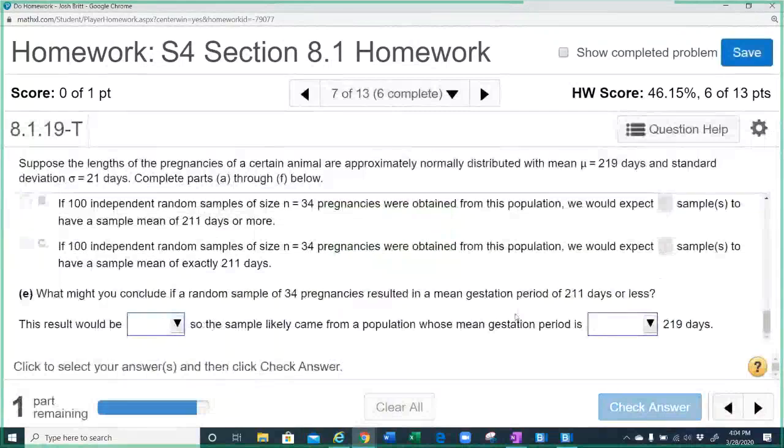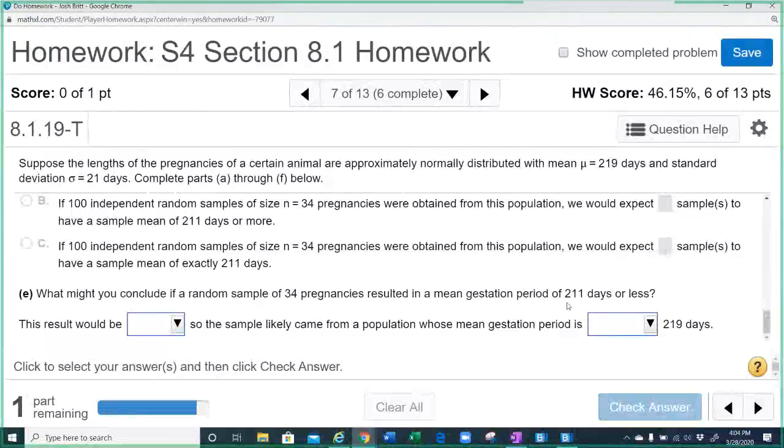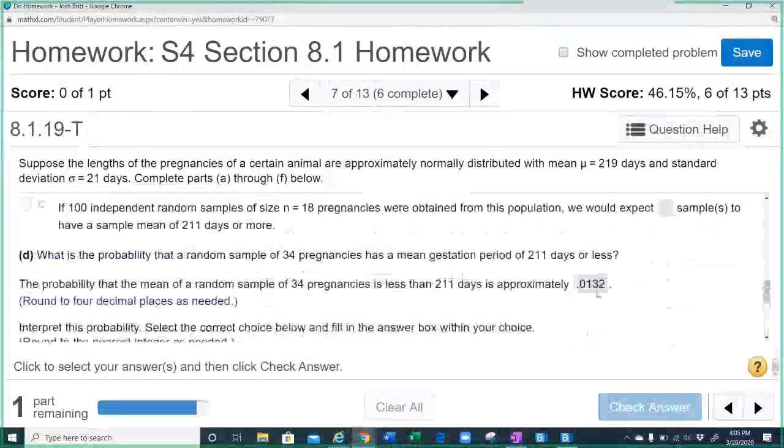All right, so what might you conclude if you were to grab a sample of 34 pregnancies and that resulted in a mean of 211 days or less? Well, the idea here is that the probability is really small. If it's not likely to get a sample mean less than 211, but yet we got that, then that's pretty strong evidence to say that the true mean is most likely less than 219.